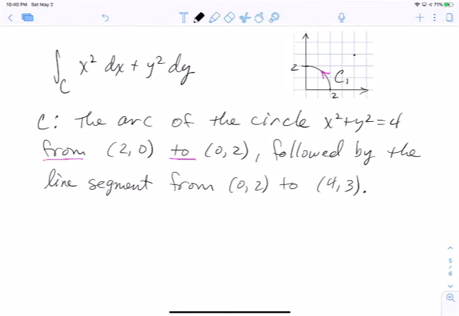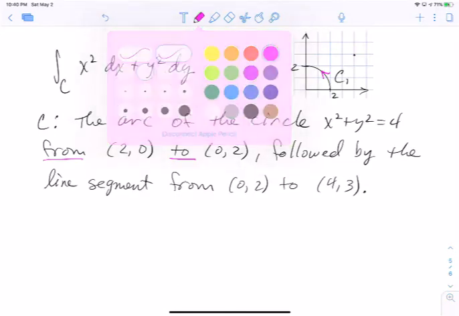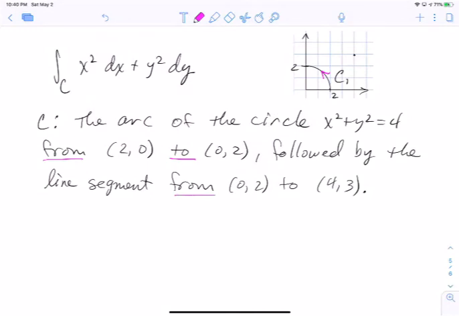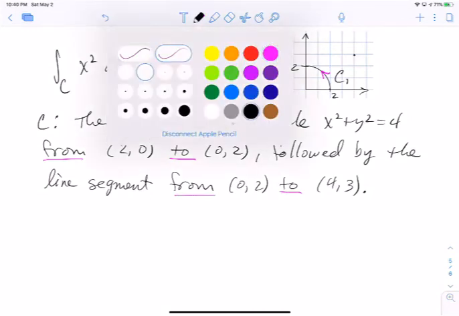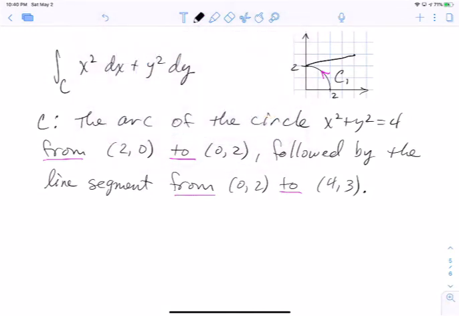And then the segment goes from (0, 2) to (4, 3), and I'll put the arrow here and make it pink. That gives us our curve C2. The two of these together are the C over which we're integrating.